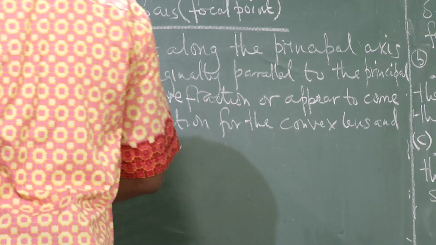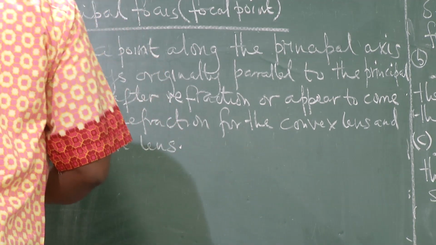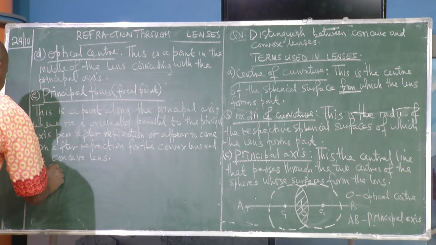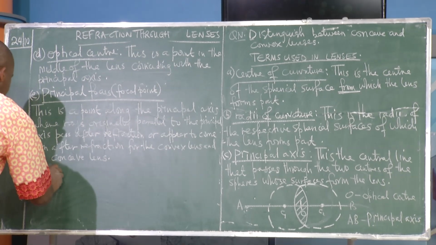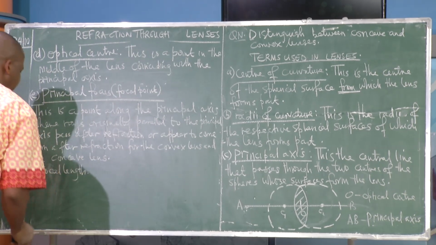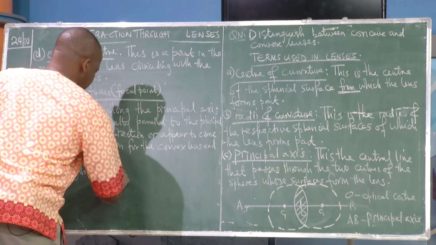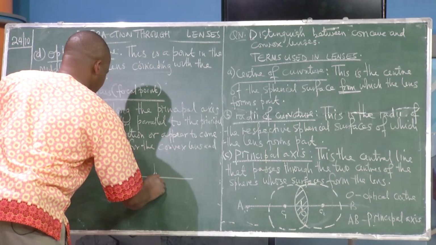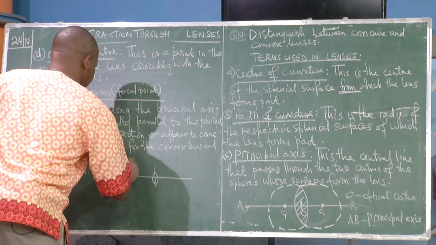The next point we can talk about is the focal length. I can illustrate a simple diagram here, whether it is with a concave lens or a diverging lens.